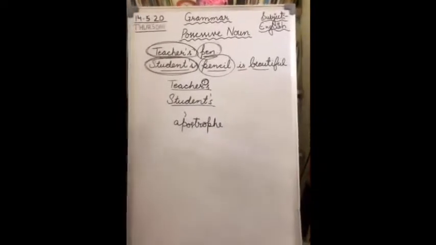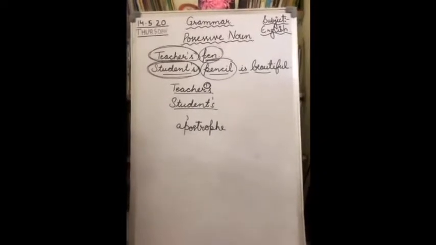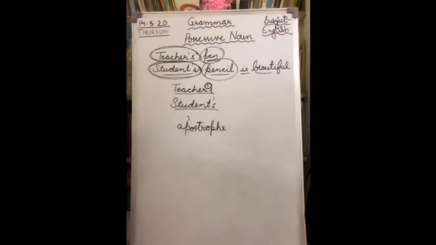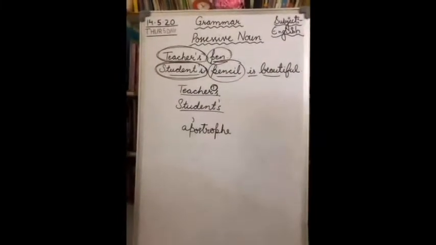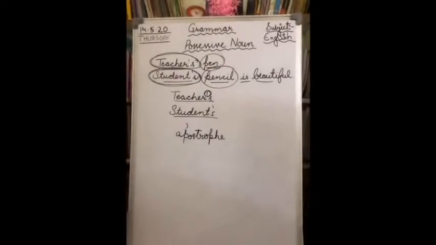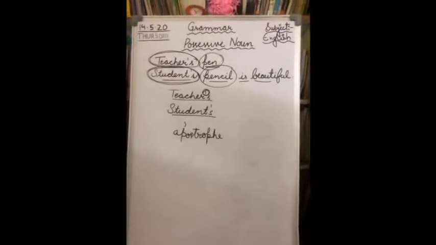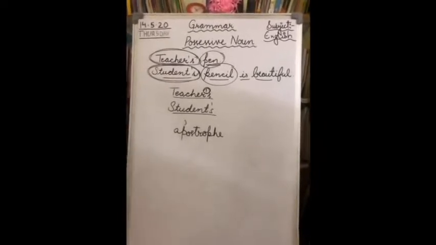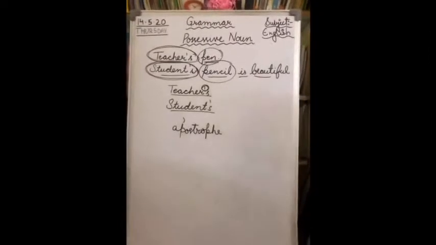Now we are going to study about some rules by which we can convert a noun into a possessive noun. But children, before starting with the rules, I want to clear one thing to you, that whenever we show possession, we use an apostrophe with the person who's possessing the thing.